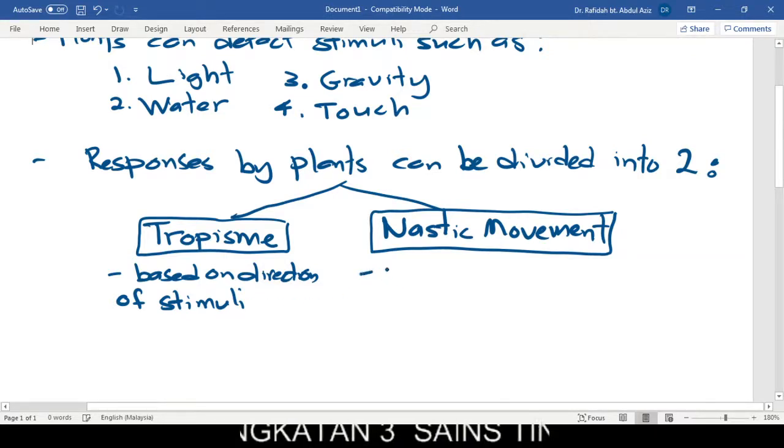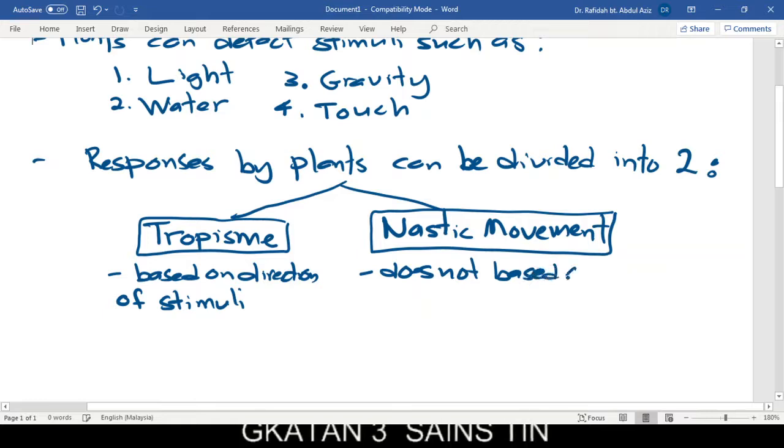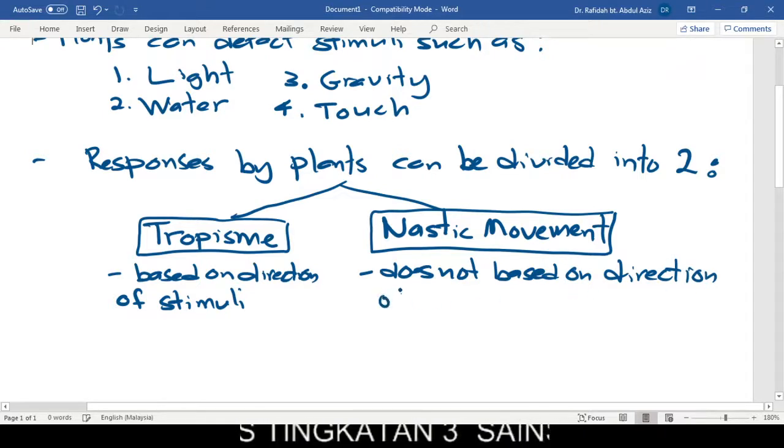Whilst Nastic movement does not base on the direction of stimuli.